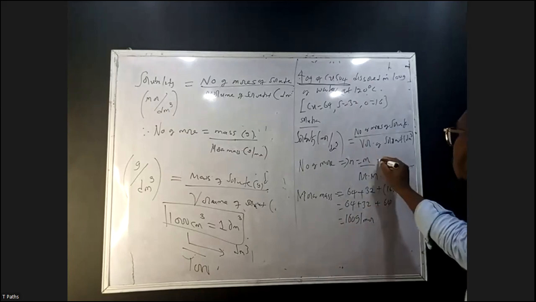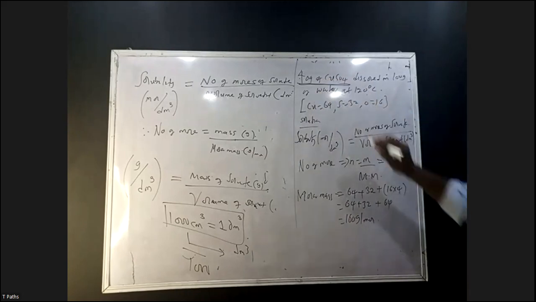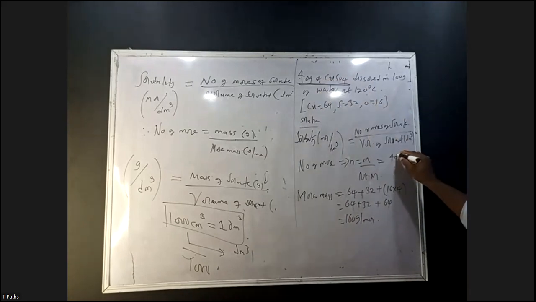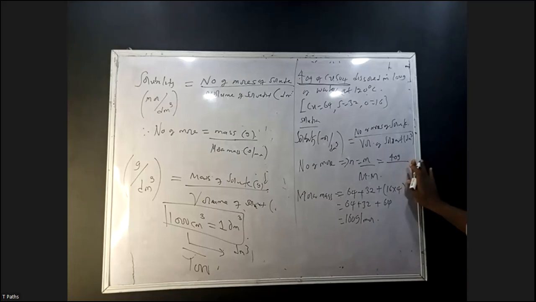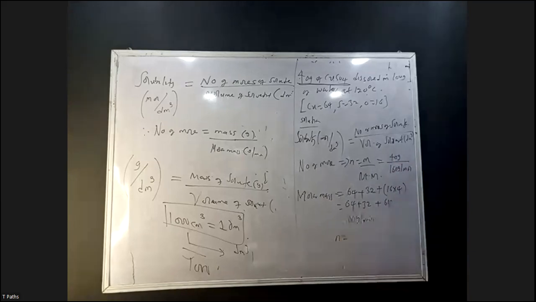So what will now solve the number of moles? The number of moles will be the mass of the solute, 40 grams, divided by the molar mass, 160 gram per mole.